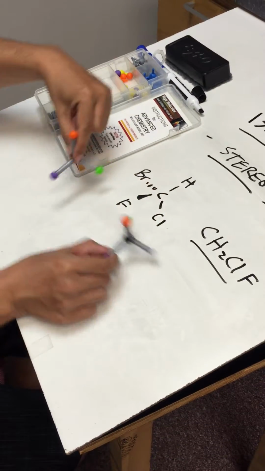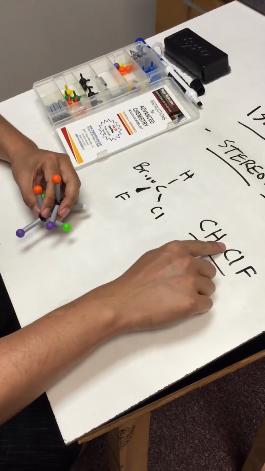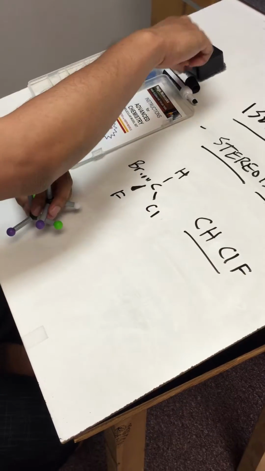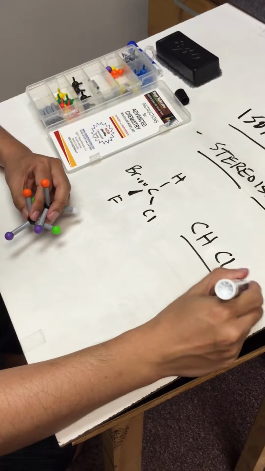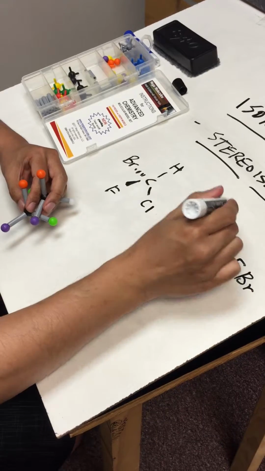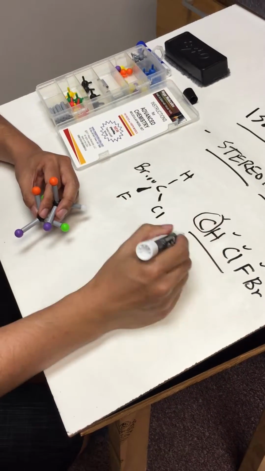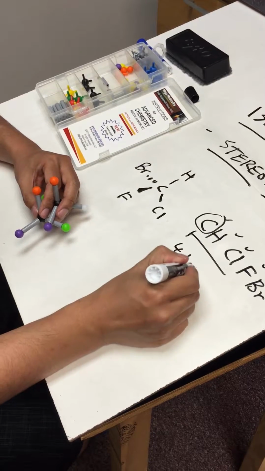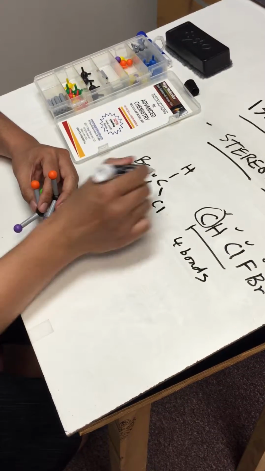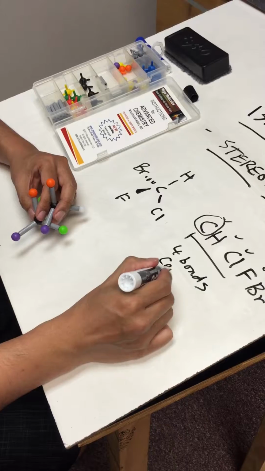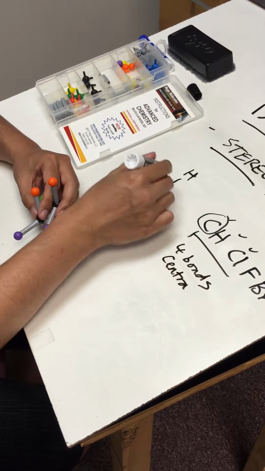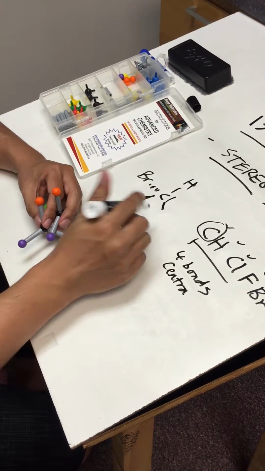They both have the same formula. Now it's not CHClF, it's CHClFBr. So it's carbon, hydrogen, chlorine, fluorine, bromine. But pay attention, because carbon forms 4 bonds. So carbon is a central atom. You cannot put the chlorine in the middle and put the carbon here.